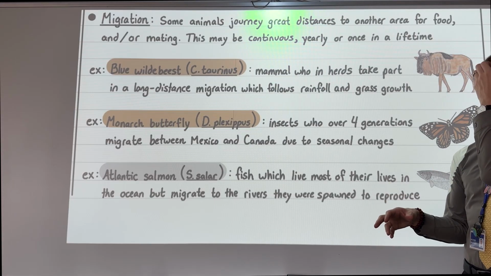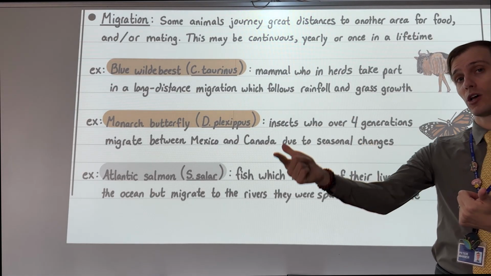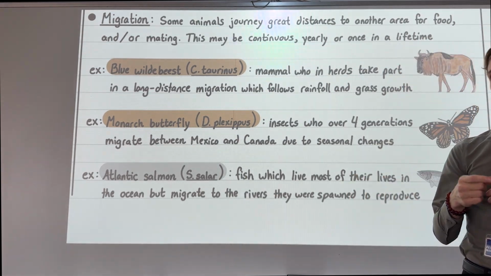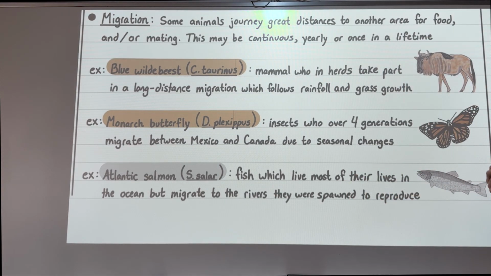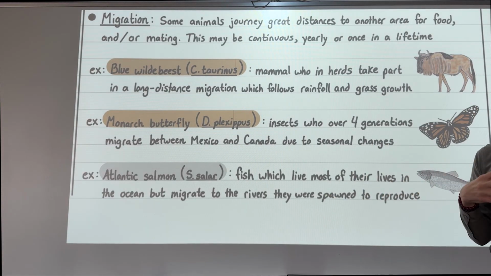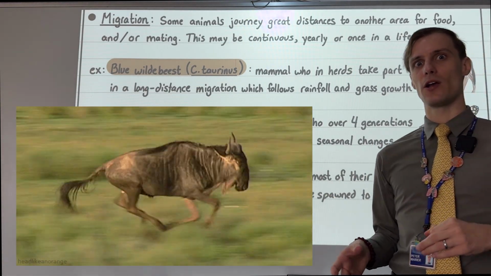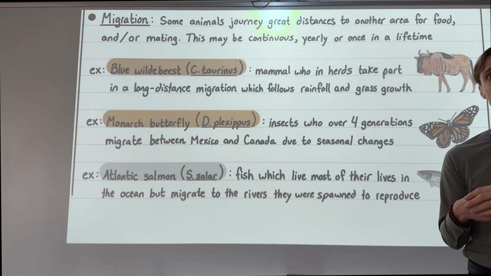Really what they're doing is looking for water and for grass. As a herd, they're really well adapted for very long distance, constant movement. As you can imagine, they're actually quite fast in being able to escape predators, and they can use herd behavior to try to deter predators from coming in.